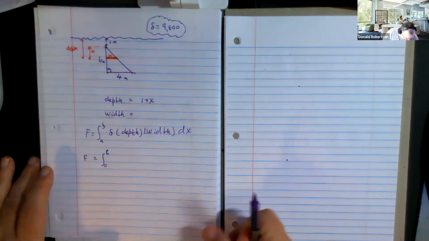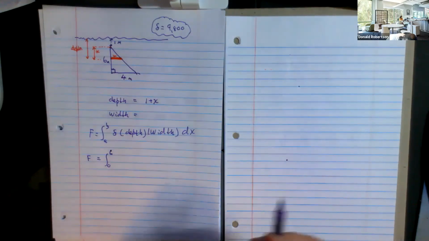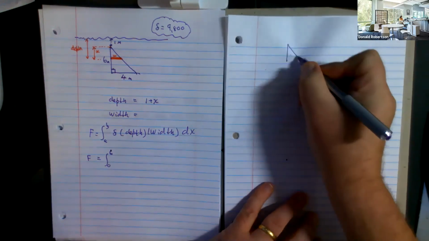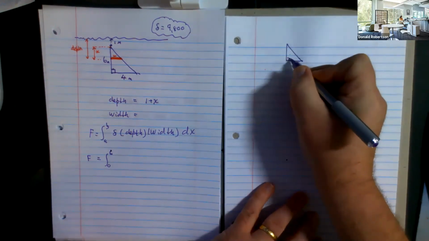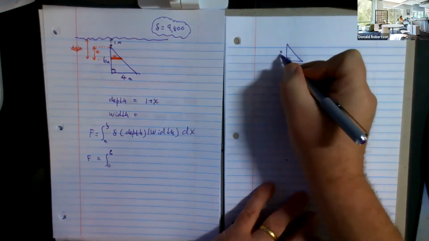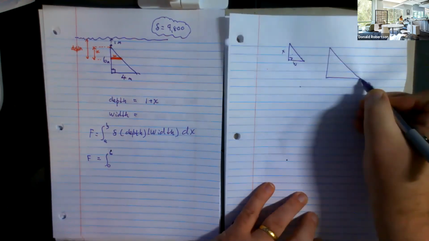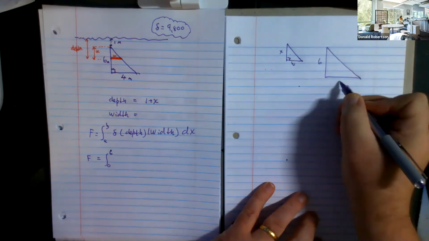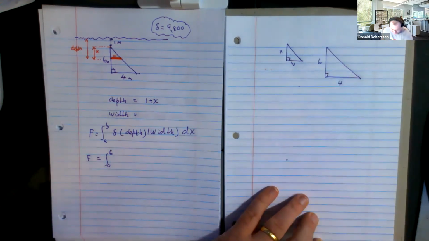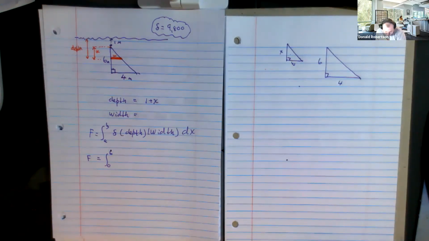The hardest part is almost always going to be to calculate the width, right? So I have got a little baby triangle, and it's X and W, and I have got a big triangle, and it's 6 by 4. And the good news is I don't need to do anything. Don't I actually have everything in place? I didn't need to tweak it like we did the last one.